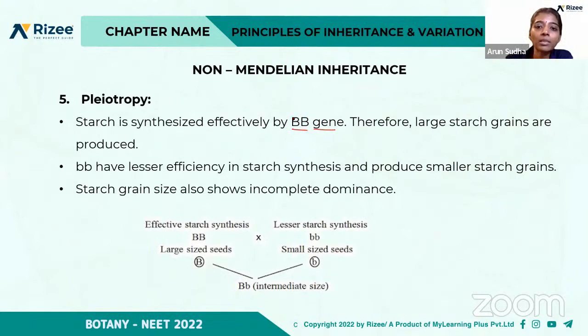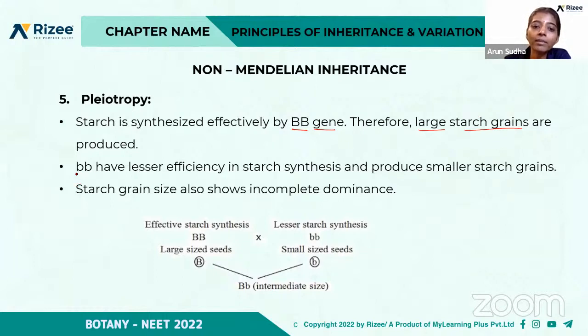So this BB is responsible for the synthesis of starch. If the plant has homozygous dominant B gene, then large starch grains are produced. So it influences the size of the starch grain.